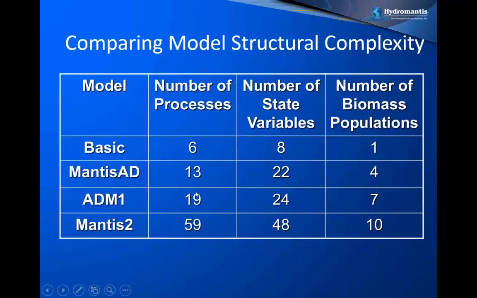ADM1: we have 19 processes, 24 state variables, and 7 biomass populations. MantisAD is the most advanced one, and this is not specifically related to anaerobic digestion; it's a supermodel and includes all the other details which are available in liquid train models as well.